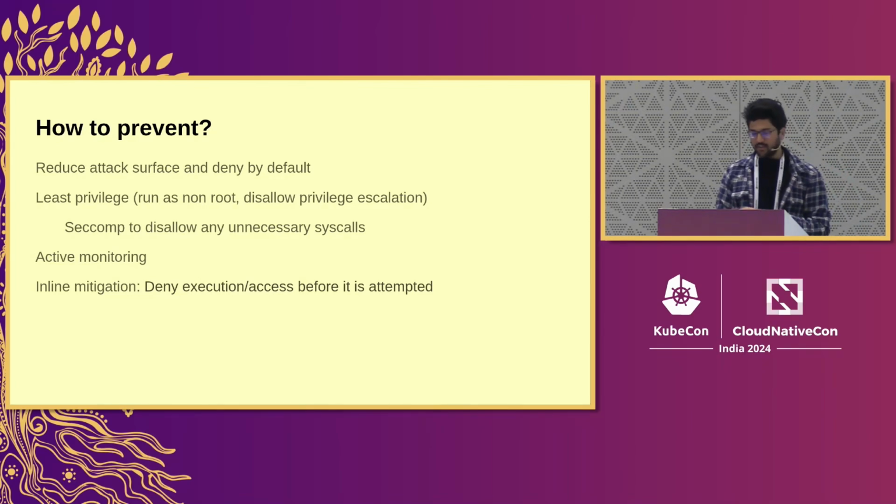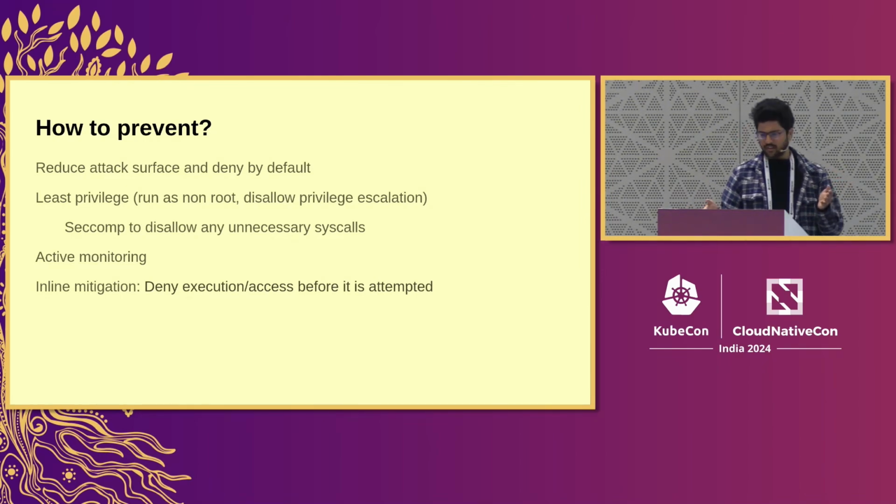Then we should definitely use least privileges and the Kubernetes best practices. For example, running everything as non-root if not required, and in most cases root access is not required when something is running in the deployment phase, and disallow privilege escalation. We can also define seccomp policies for disallowing syscalls.